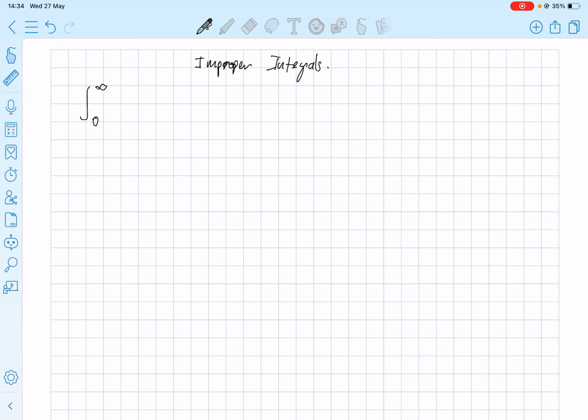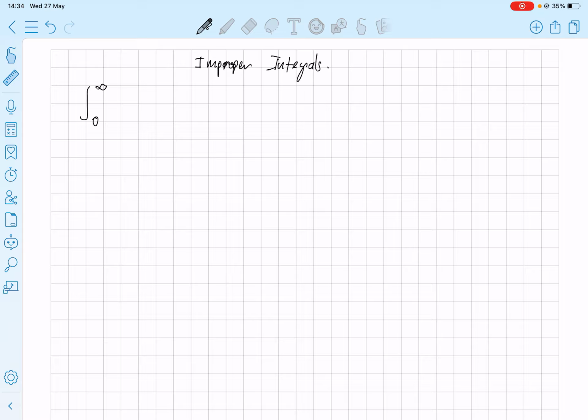This is an improper integral, and so is an integral that has an infinite discontinuity, meaning a discontinuity in the function.